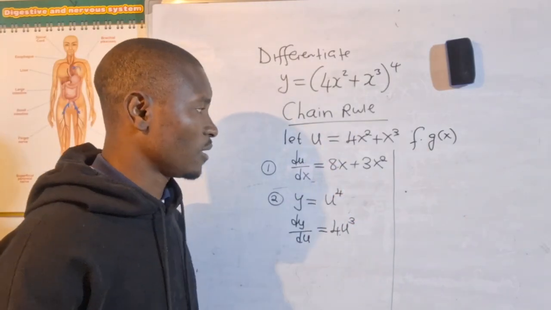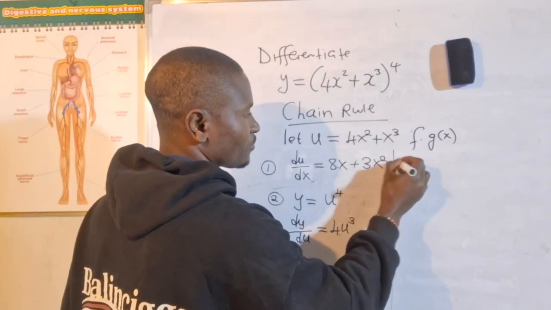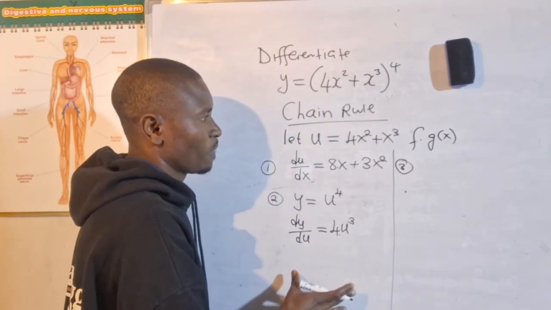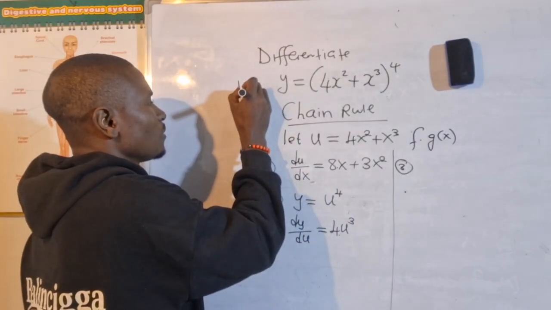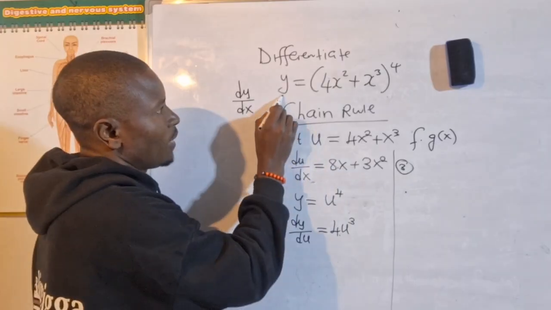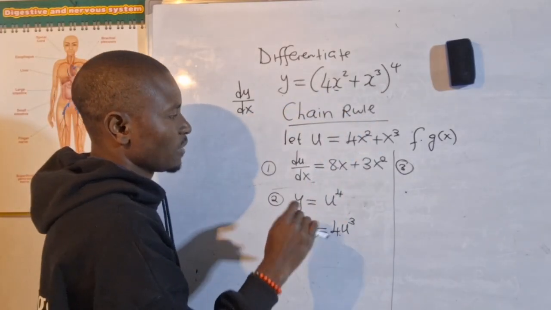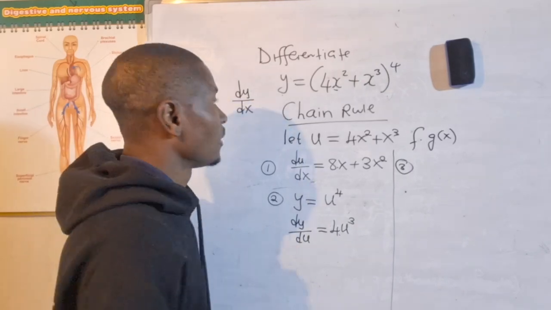So now the next thing is to combine this, because what I'm looking for is dy over dx. So y and x, but not du dx or dy du, no. So I'm looking for dy dx.